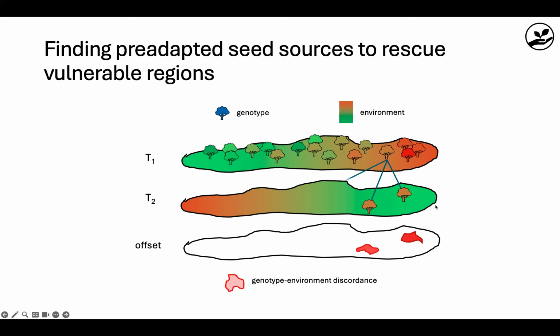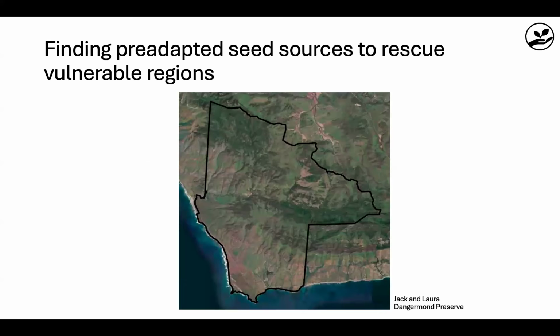And you can move it throughout the range and see, where will that tree be the best seed source for? And so we can do this in Dangermond, take trees from throughout all the range, simulate basically what the offset or the vulnerability would be if we move them.